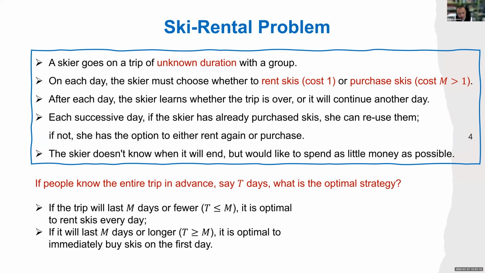If you can only buy or rent for the whole period, then this solution is very clear. If the number of days is smaller, you just rent every day, and if your number of days is longer, you just buy once. Because if you rent, it will be higher cost, right? But I understand your concern. We'll come to it very soon because that is about the possible strategies. Now you know what the optimal solution is.